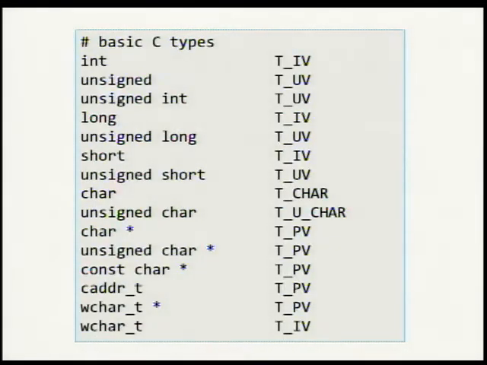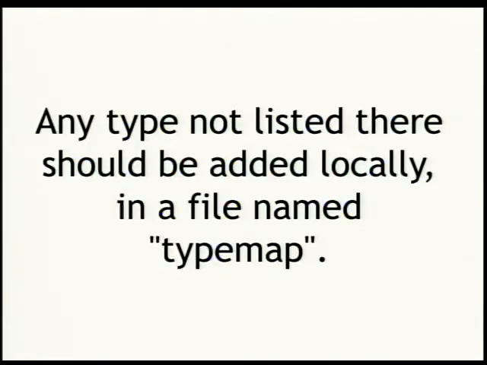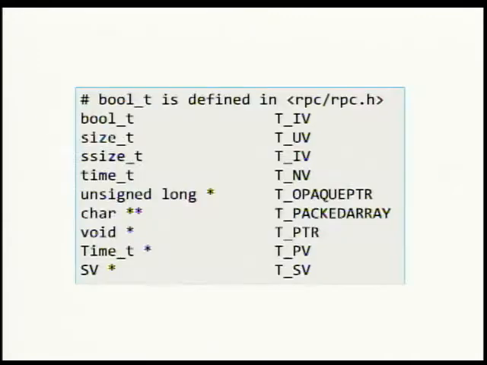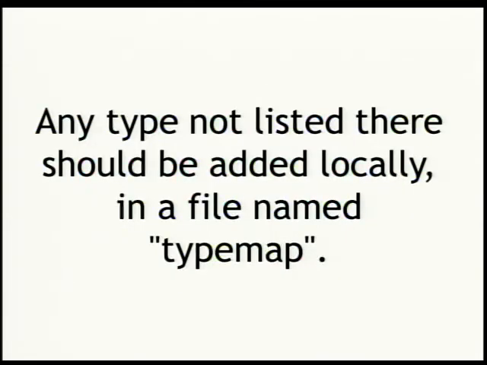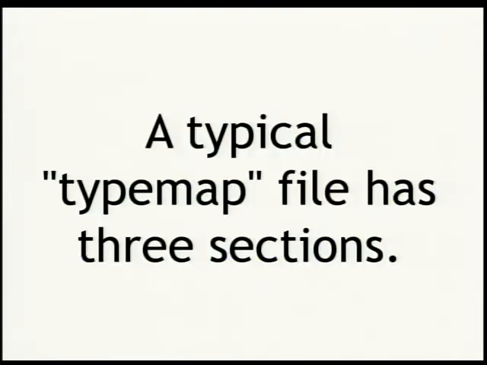Basic C types: integer is mapped to T_IV, unsigned to T_UV, etc., etc. And any types not listed here should be added locally in a file named typemap, local typemap.